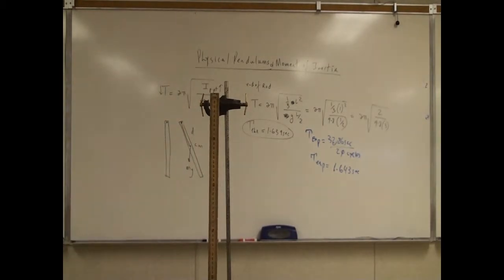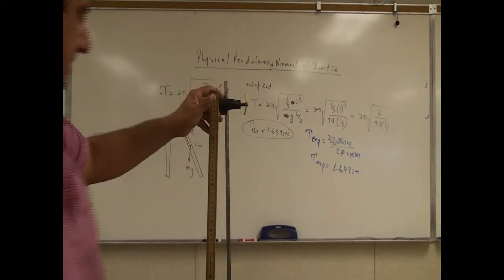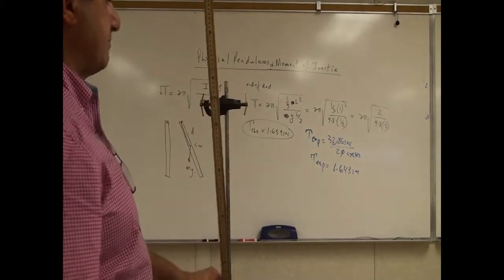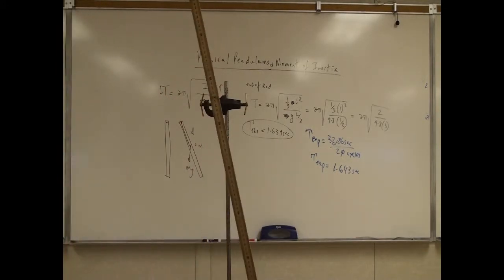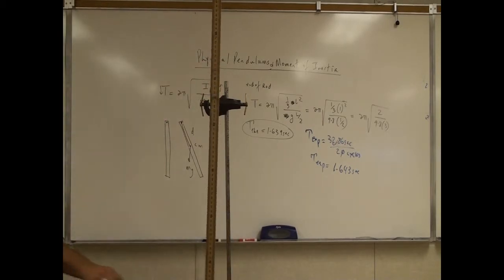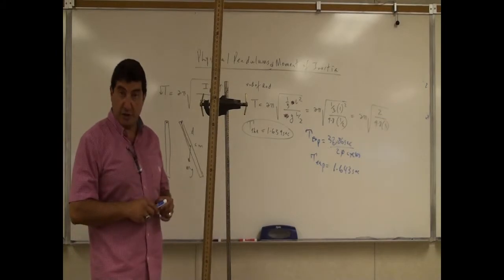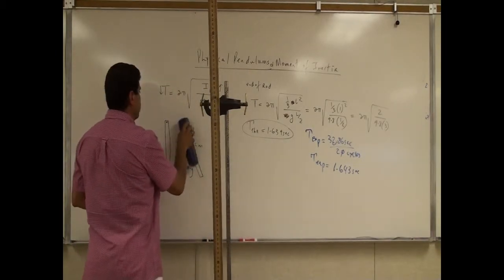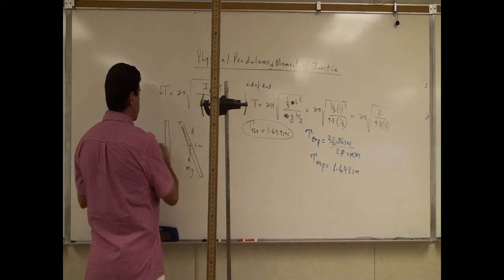Now, what if I make the pivot point something different? Let's say I make it the 66 centimeter mark. Then I displace it, and it goes back and forth. So let's see, what should that be? So what changes? Now the moment of inertia changes quite a bit. The pivot point is going to be the 66 centimeter mark.